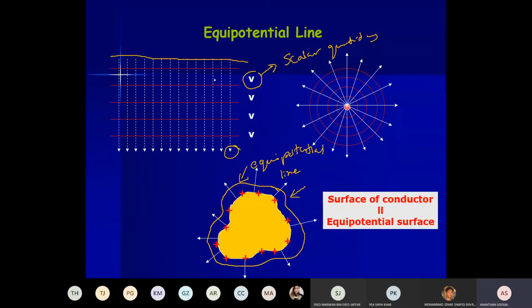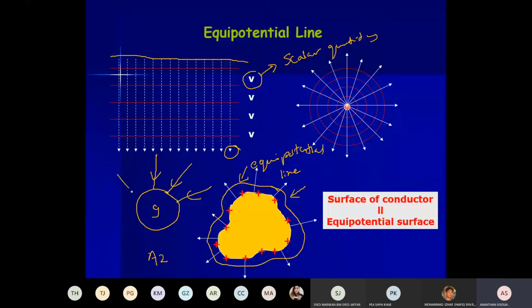This equipotential line not only happens in an electric field, it also happens in a gravitational field. Take the Earth. You'll be doing gravity in A2 later, but just to tell you something about equipotential lines: the gravitational field for the Earth is going into the Earth.